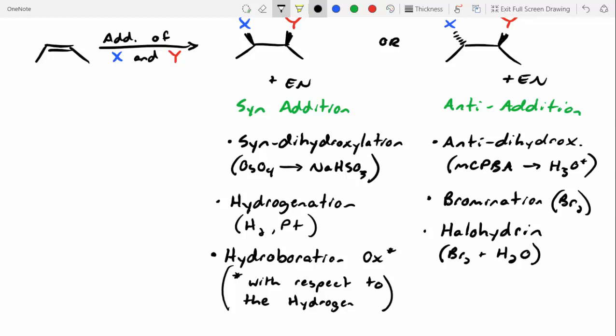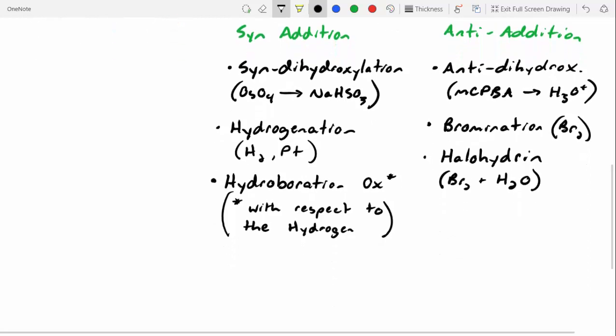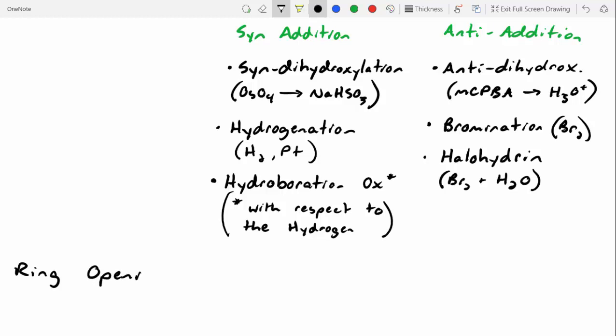The last topic I wanted to cover before we do a handful of practice problems is ring opening reactions, which again is related to stereochemistry. We saw a handful of ring opening reactions this chapter.